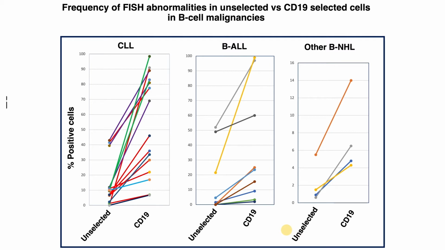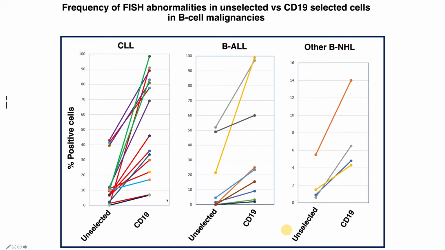These cases consist of 15 CLL, 9 cases of B acute lymphoblastic leukemia, and 4 other B NHL. This is a subgroup of the samples which we have used in the selection. The differences in the frequency of detection, which is shown here, unselected in the first and then the CD19 in the next column.